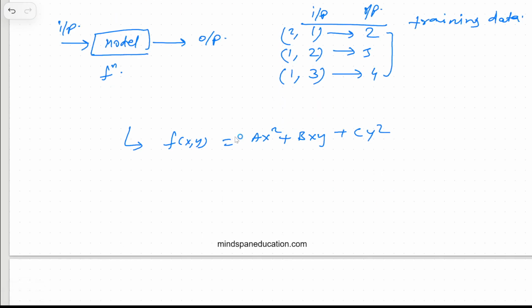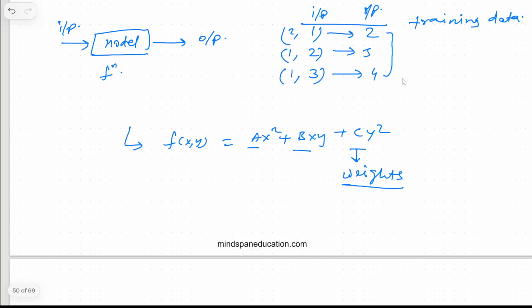Now, setting the model, devising this model, means trying to find these constants. These are called weights. These weights are variables which will take the input, and based on these weights, it will try to give you a particular output, right?